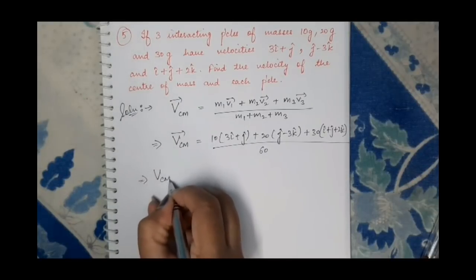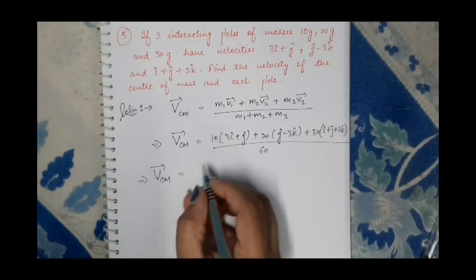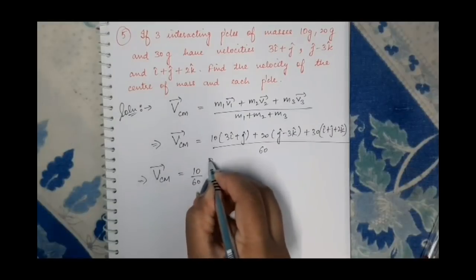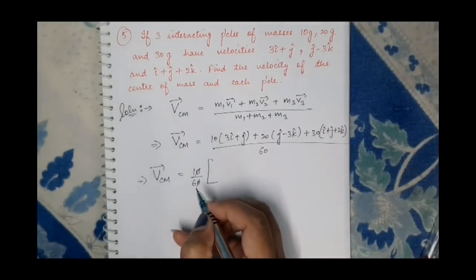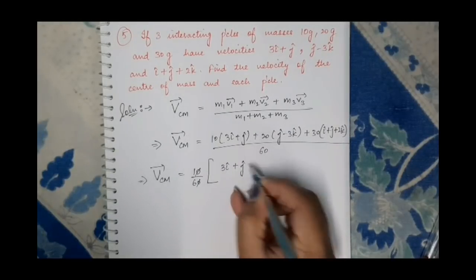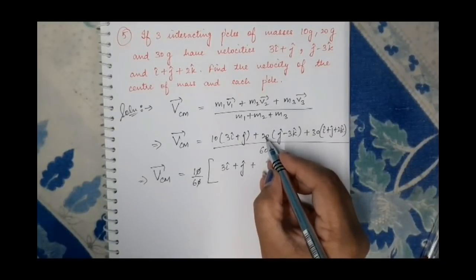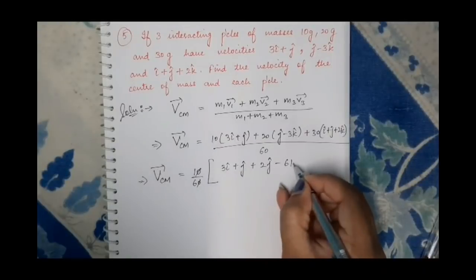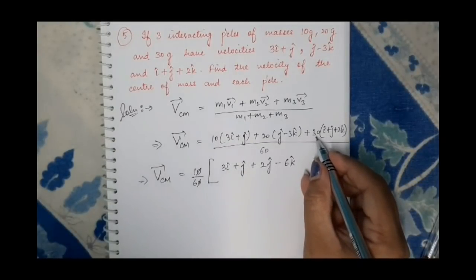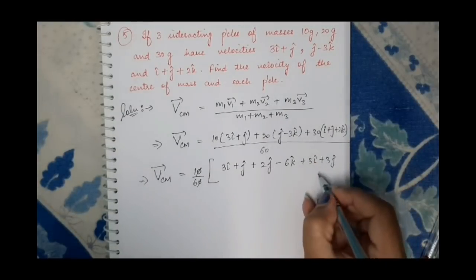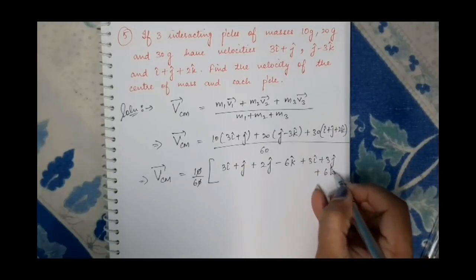So the velocity of center of mass is equal to, take 10 common from here, and we'll have 3 I cap plus j cap, plus 2 into j cap minus 2 into 3, which is 6 k cap, and here 3 because we have taken 10 common, so 3 I cap plus 3 j cap plus 3 into 2, which is 6 k cap.